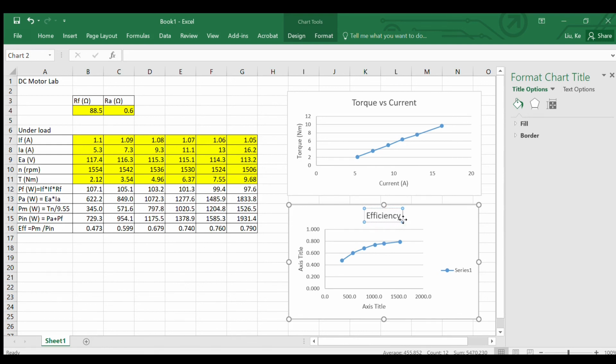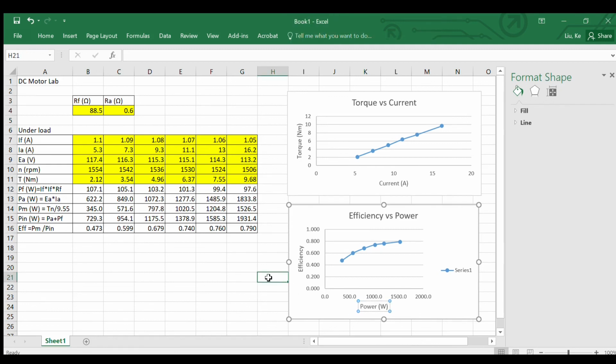When you have efficiency versus power, the efficiency should be on the y-axis, and the power will be on the x-axis. Okay, and the unit. Yeah, basically that's it. Okay. Yeah, good luck with your lab report.